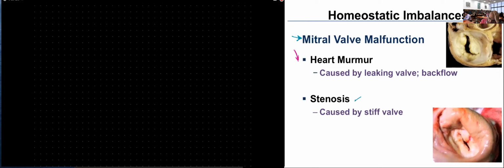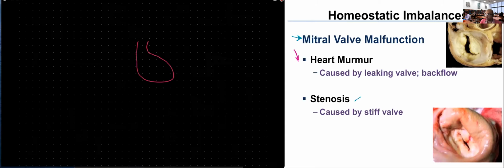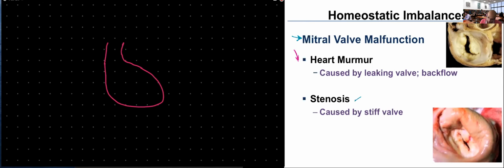If we're looking on here, this is my left ventricle. And remember, all systemic arteries are branches from the left ventricle, from the aorta. The aorta has a part that travels up, and we call this my ascending aorta.